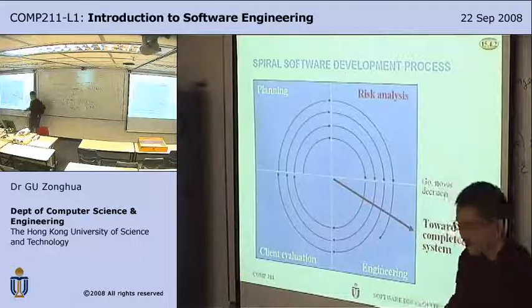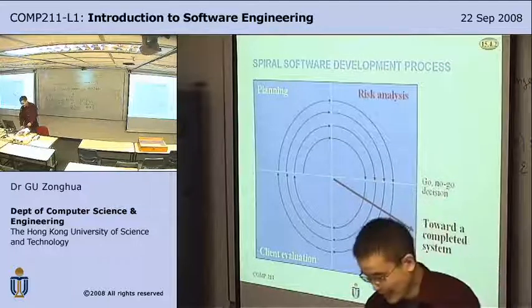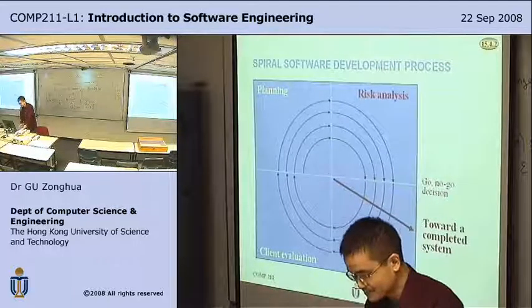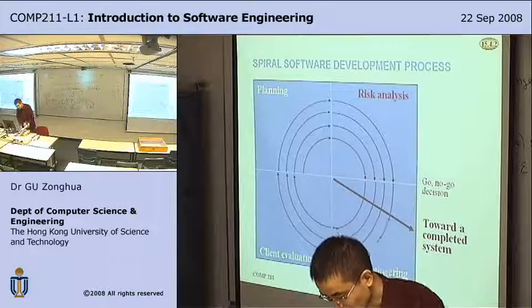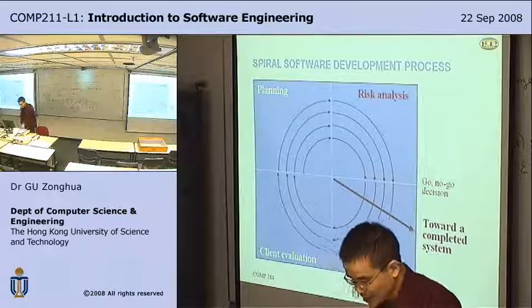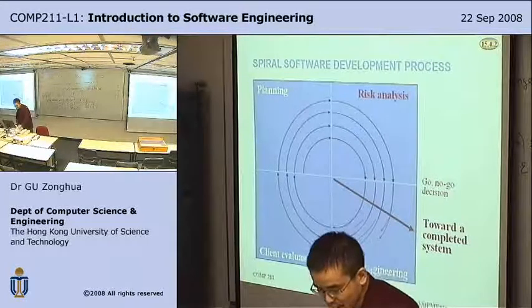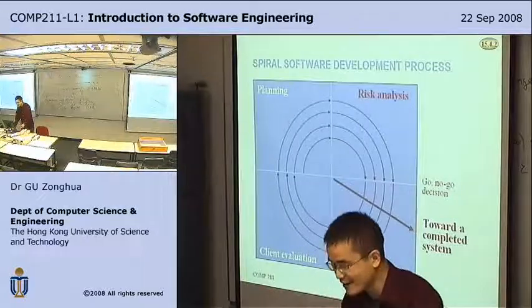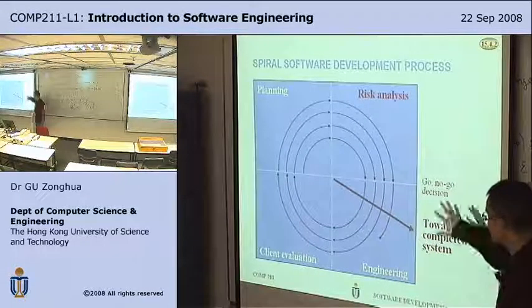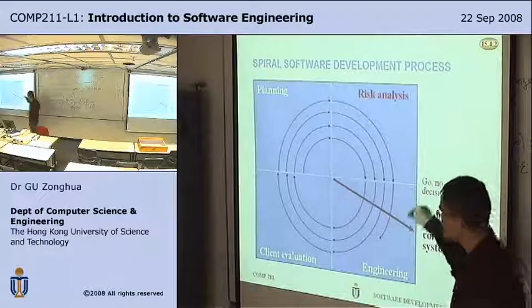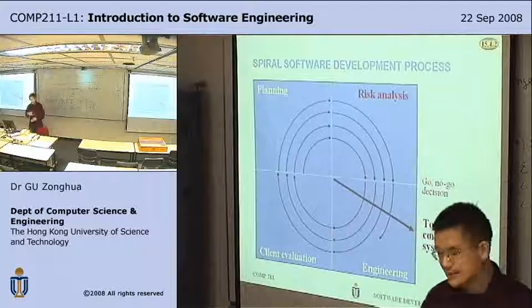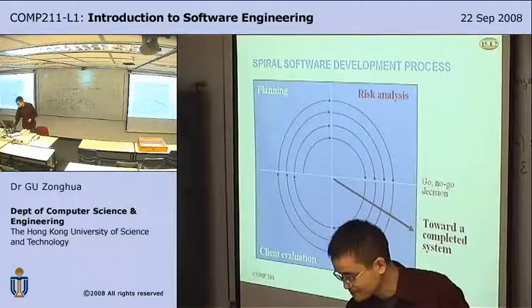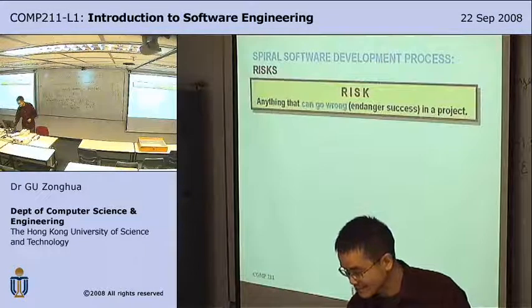So you develop something and give the client for evaluation. It also has elements of the phased process because you're developing the system incrementally, right? At every circle around the spiral, you're adding a new piece to the system or enhancing existing pieces.